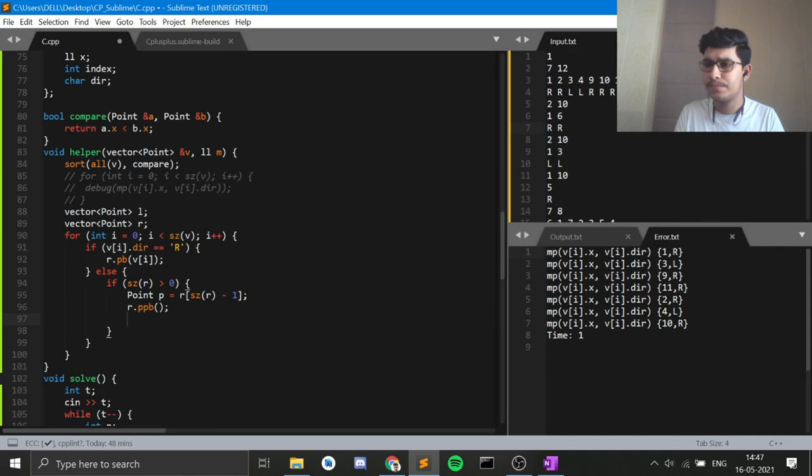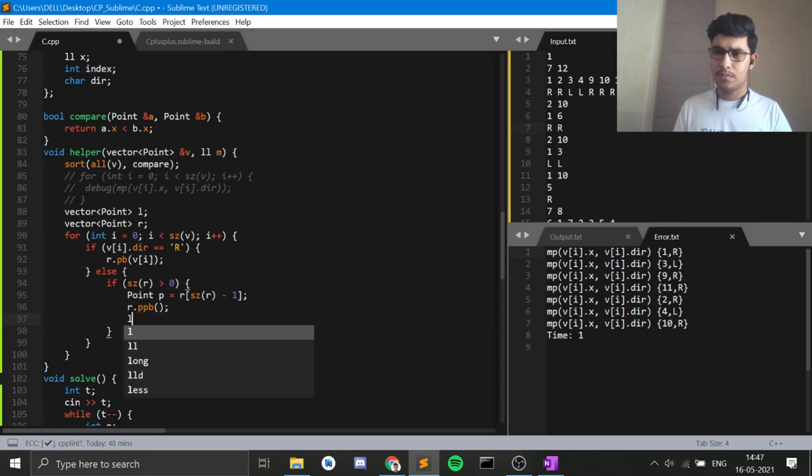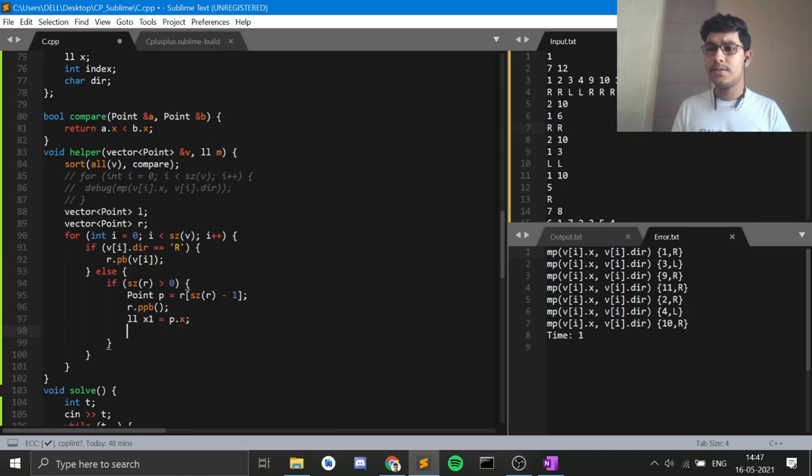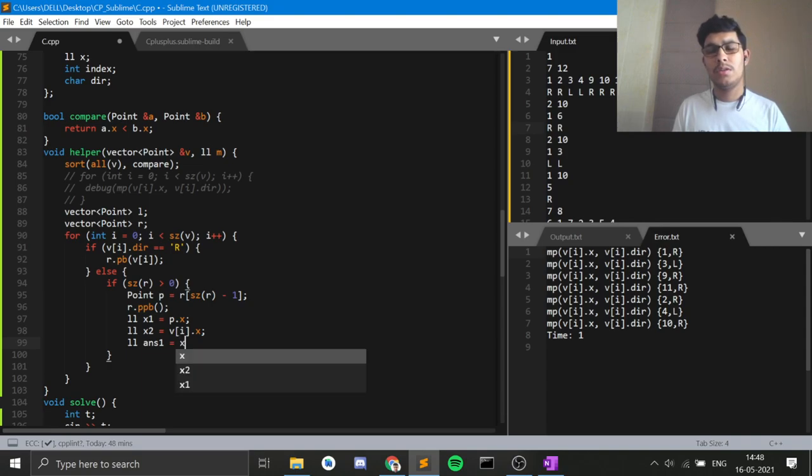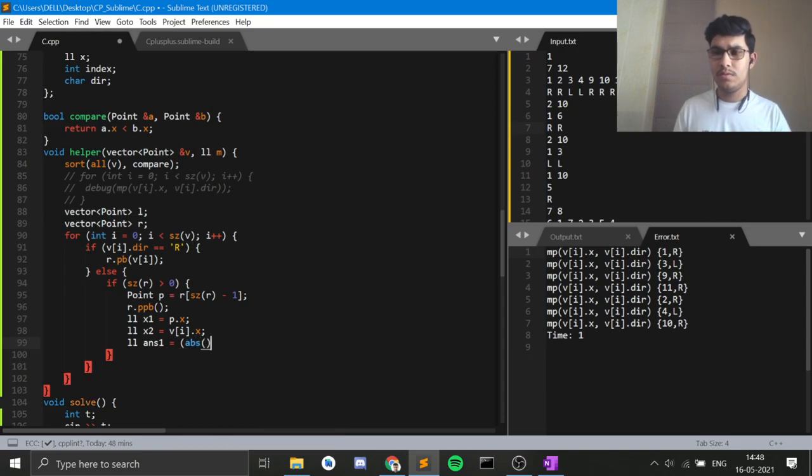So how do I do this? P dot x x2 equals to v at I dot x. So answer is how much? Answer one is ABS x1 minus x2 by 2.